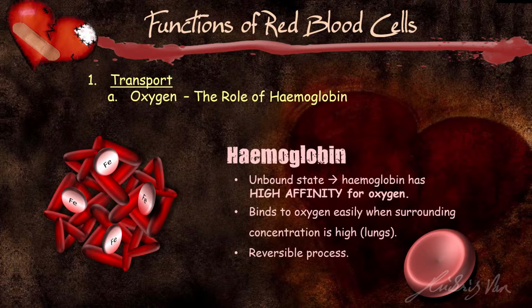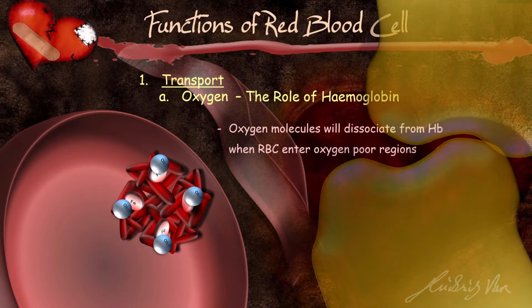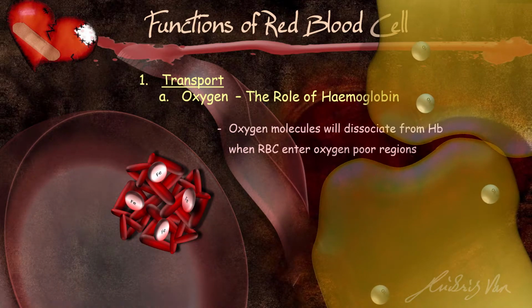This is a reversible process, meaning that the oxygen can bind to hemoglobin as well as unbind from hemoglobin. In region whereby there is low oxygen concentration, such as our exercising muscle, the oxygen will unbind and diffuse towards the region. This will allow our muscle to continue to perform aerobic respiration.